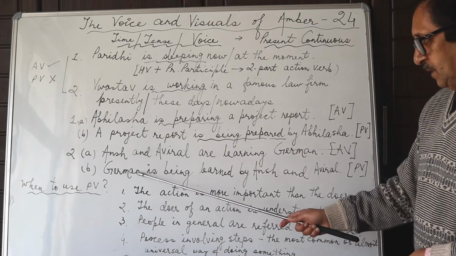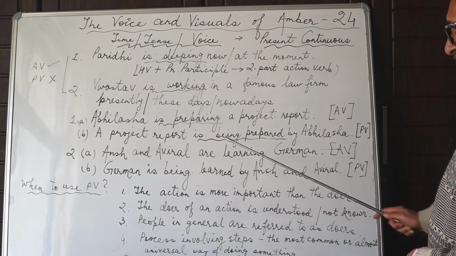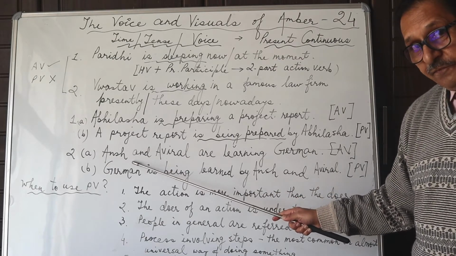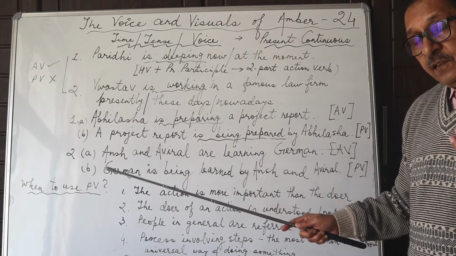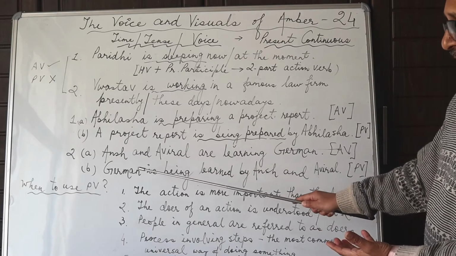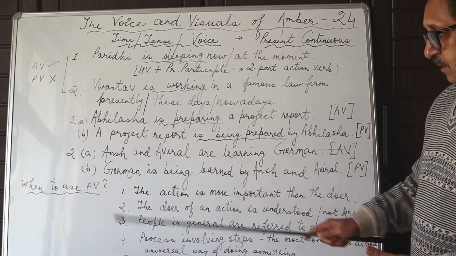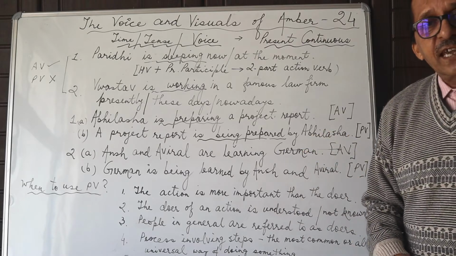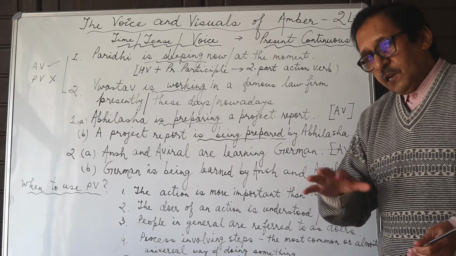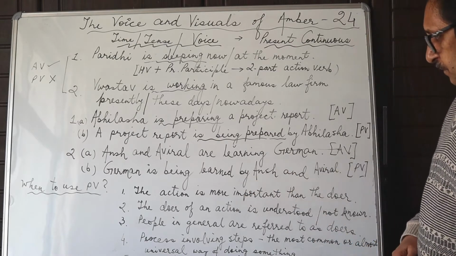Alright? German is being learned. Here in the active voice it is the subject which is active. The subject is the doer of the action. Here, the doer is not the subject. Okay? So that is how we change the active voice sentences into their corresponding passive voice.